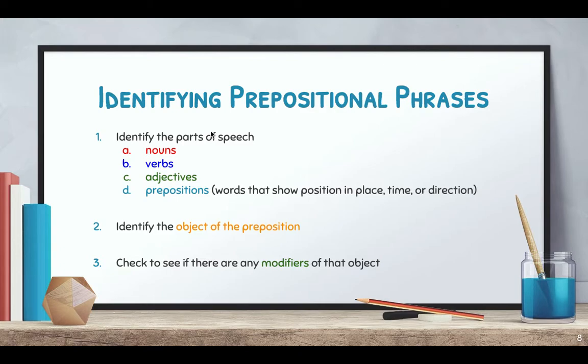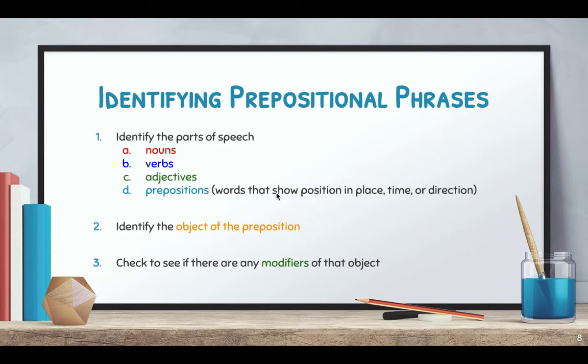So the steps to identifying prepositional phrases. We want to identify those nouns and verbs and any adjectives, and those will help us determine what those phrases are modifying and if there's any modifiers within the prepositional phrase. And then we want to try and find our prepositions.